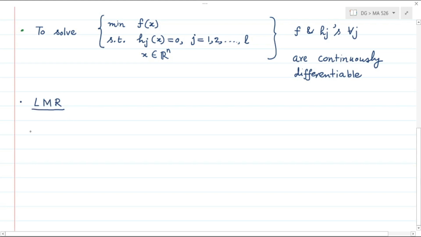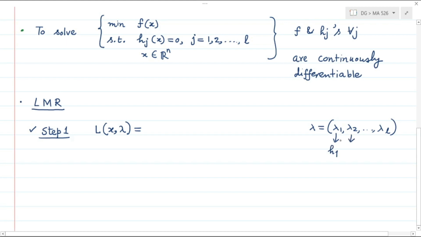At first, what we have done in the first step, deliberately we construct the Lagrangian function that is given by L(x, lambda), where lambda is a vector that consists of L many components, lambda 1, lambda 2, lambda L. Each of the components corresponds to each of the constraints in the problem.